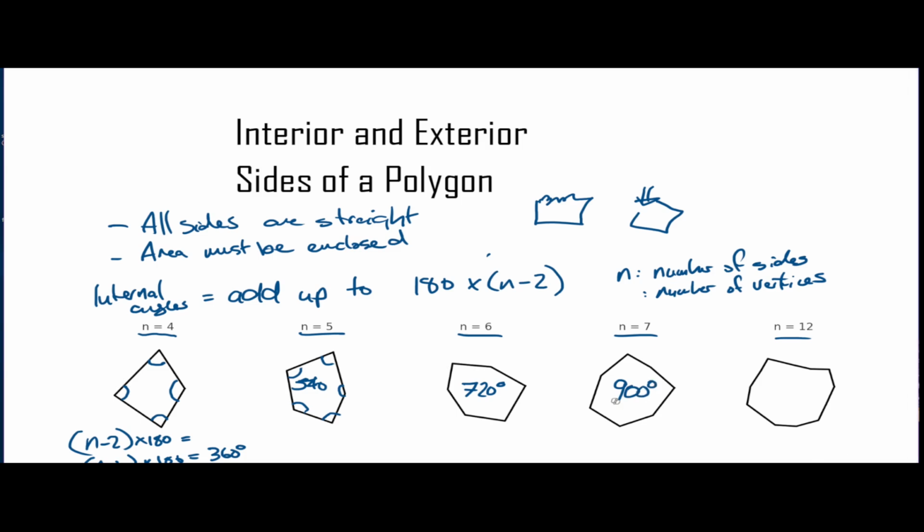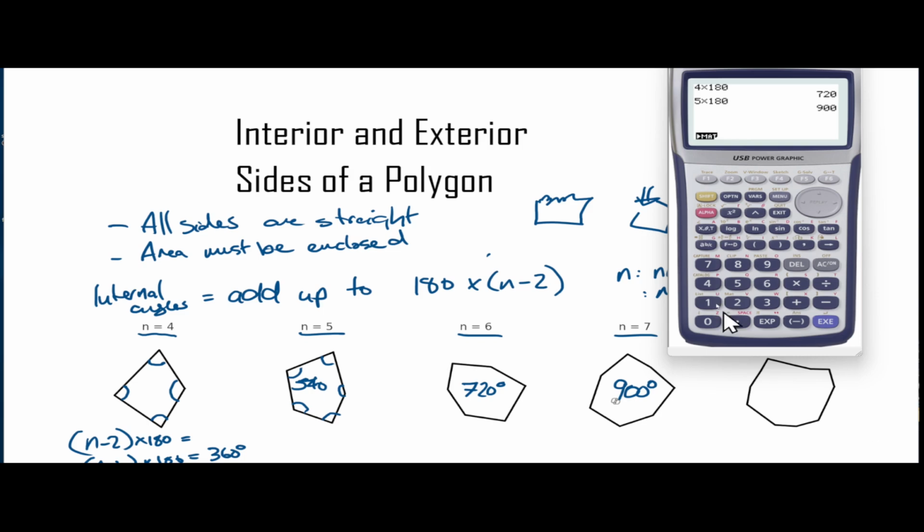And our monster here at the end, this 12-sided shape, 12 minus 2 is 10 times 180, you really shouldn't need a calculator for that either, to be honest, is 1800 degrees.